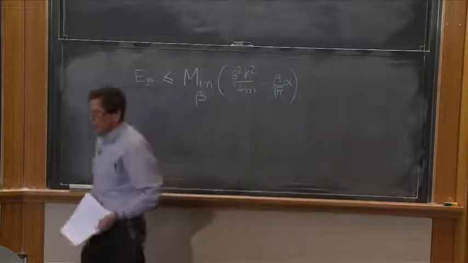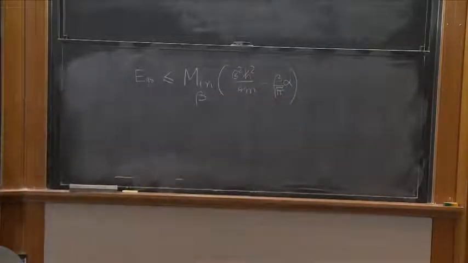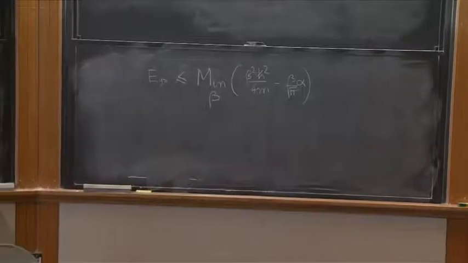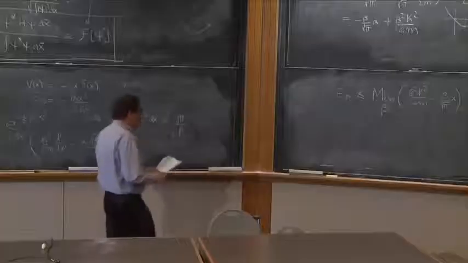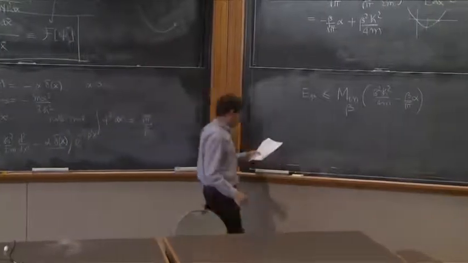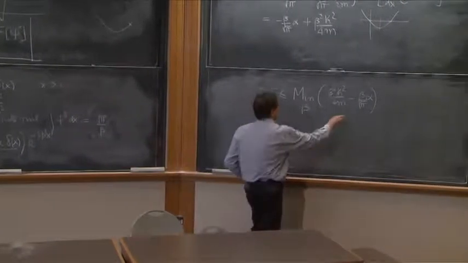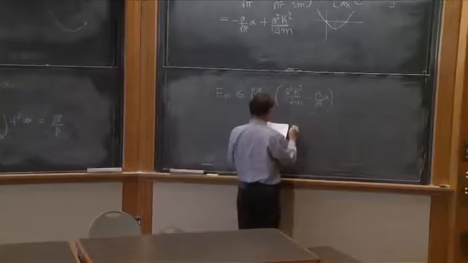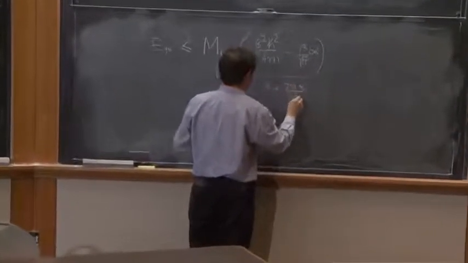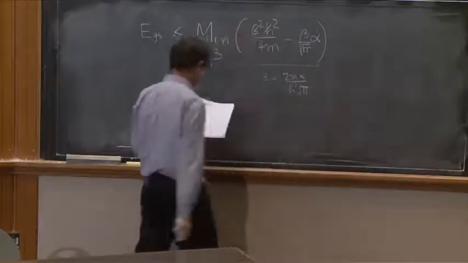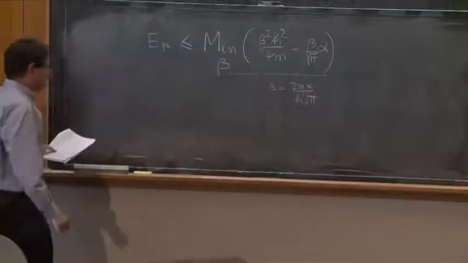So you minimize over beta, and the ground state energy must be a little smaller than that. Well, what do you get? This minimization gives beta equal 2m alpha over h-bar squared square root of pi. It's a little messy, but not terrible.